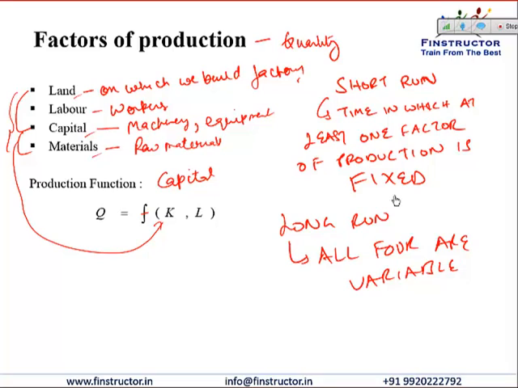Now, the next concept will be the short run production function. We'll understand this with an example. So let's assume that there is a factory and the factory has two machines.